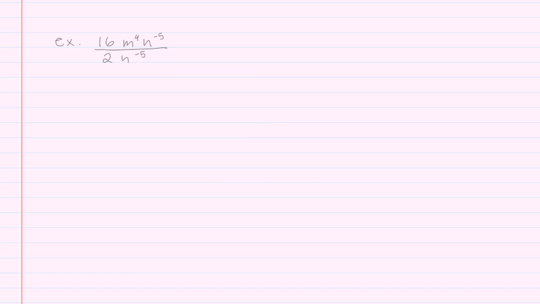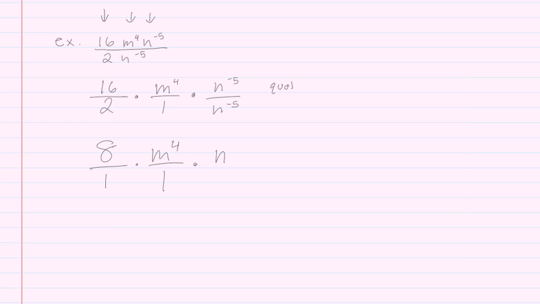And in our last example for this section, we have numbers, and we have two different types of variables. So I'm going to go ahead and break it into the coefficients here, times m to the 4th, I'll put it over 1, why not, and times n to the negative 5th over n to the negative 5th. All I did was break it into pieces so I can deal with each. So this becomes 8 over 1 times n to the 4th over m to the 4th over 1 times, this is the quotient of powers.